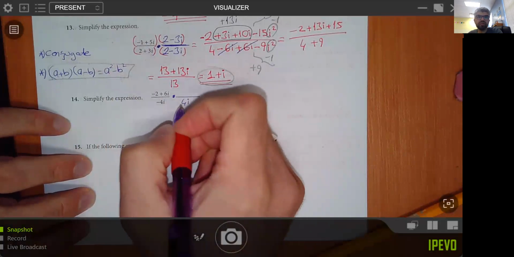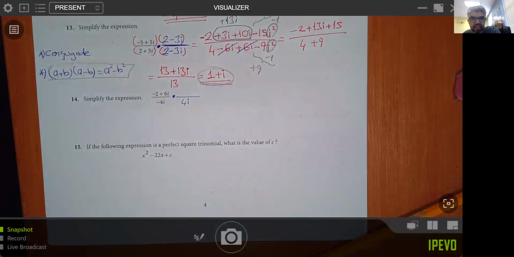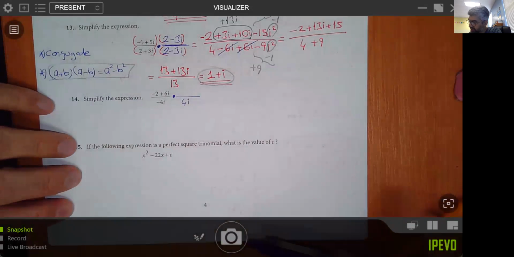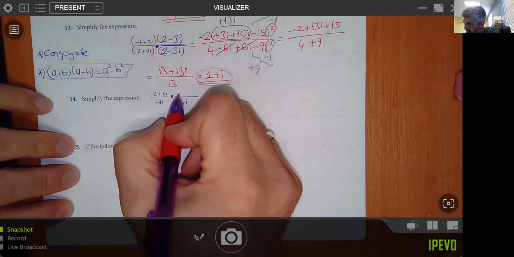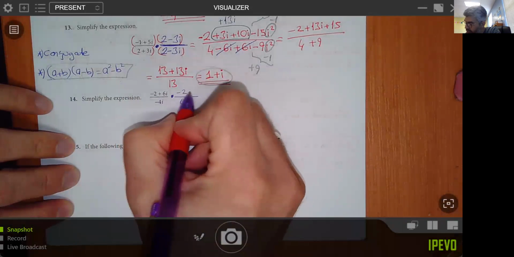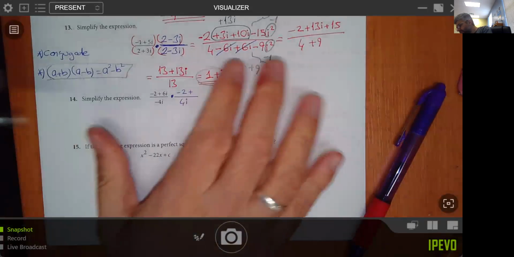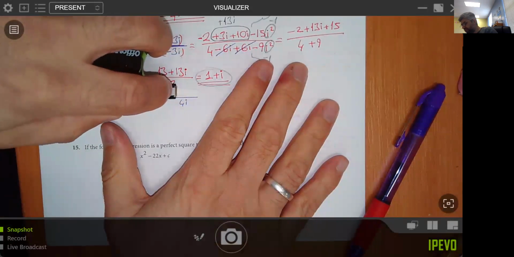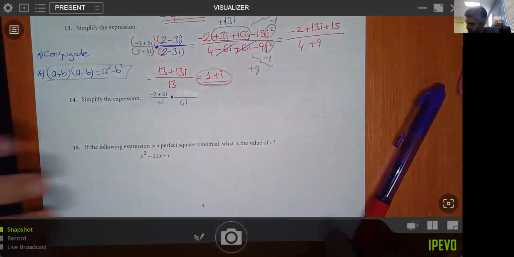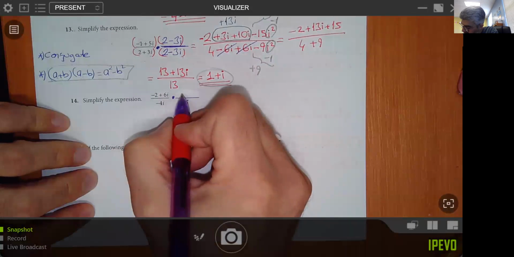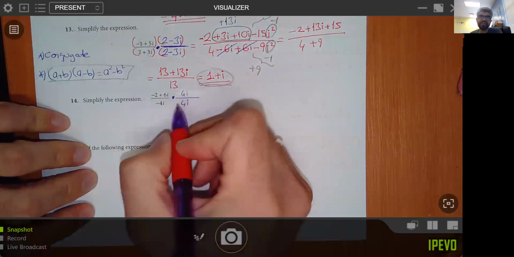Okay, so we always take the opposite of the imaginary part. The real part we don't touch. It doesn't make any problem, so we don't touch it. We have to multiply, yes, guys, both numerator and denominator by the conjugate of the denominator.